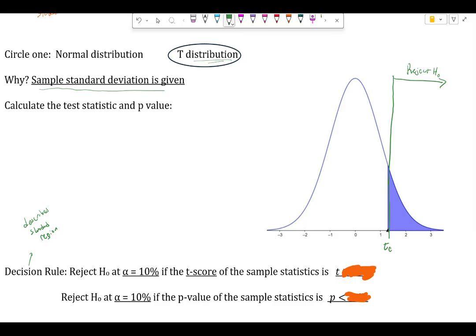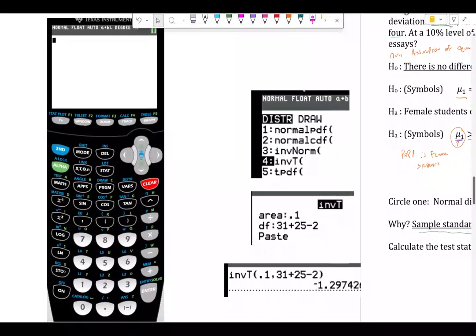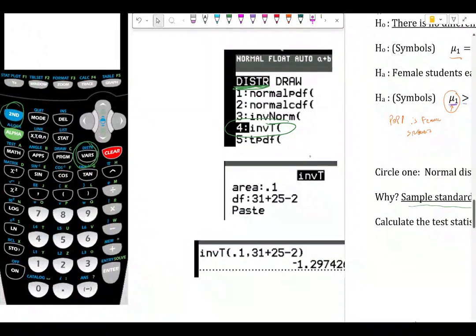The way that we will do this in the TI-84 is we will select 2nd Vars to pull up the distribution window and then select number 4, inverse t. The area we are looking for is the top 10% of the graph. So 10% written as a decimal is 0.1.